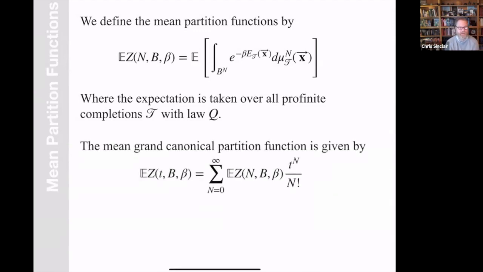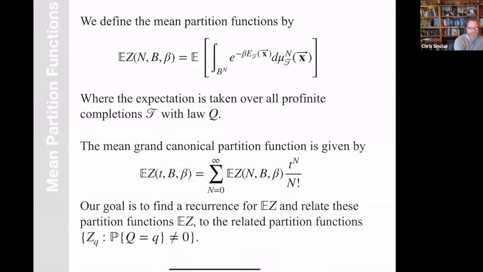Okay, and then I can make a mean grand canonical partition function as well, right? At this point, the mean partition function is no longer random. It's just a deterministic function of beta, right? And so I can form the mean grand canonical partition function as before.